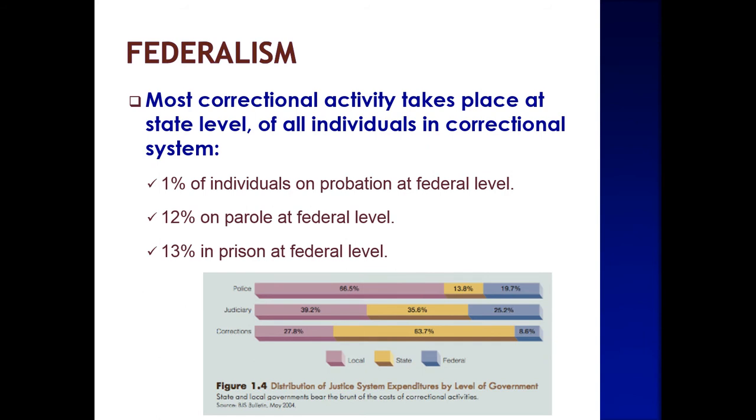There are far more state institutions and far more people incarcerated at the state level than there is at the federal level, because there are really not that many federal crimes. It's a very narrow window of offenses for which you will actually be sentenced to federal prison. It's much more likely you would be sentenced to state prison than federal prison for sure.